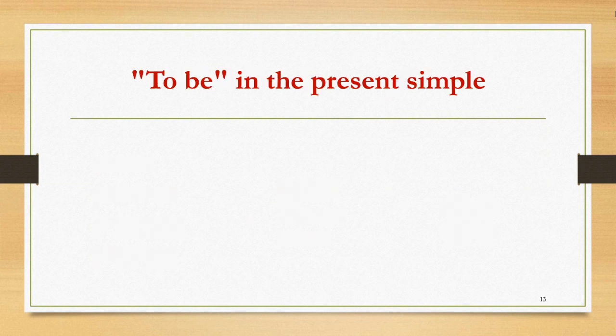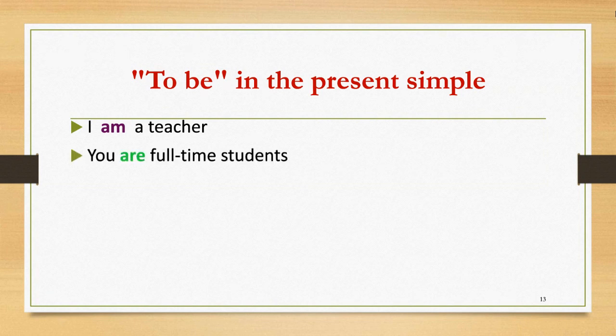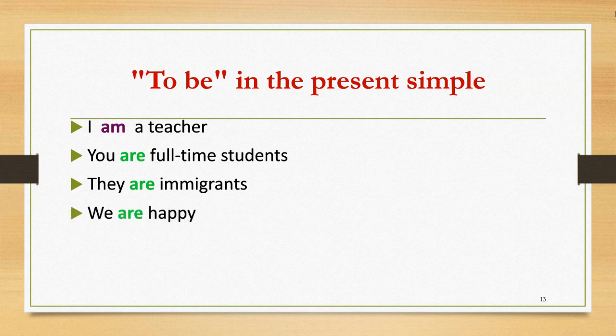In English, we use the verb to be and the verb to have a lot. Let's take a look at to be. How do we conjugate it in the present simple? I am a teacher. You are full-time students. They are immigrants. We are happy.